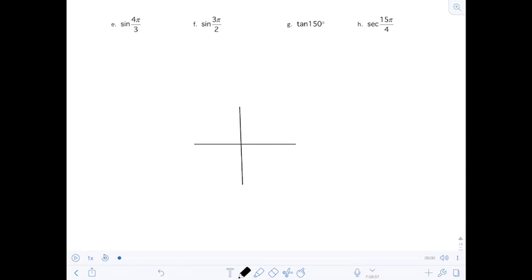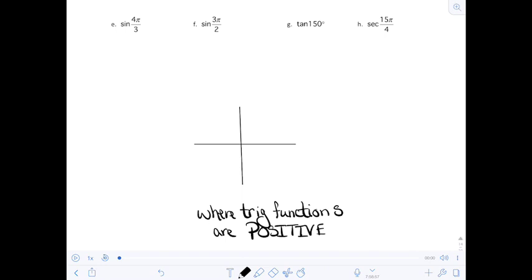So I'm going to teach you a little trick about remembering where trig functions are positive. Okay, so this little trick is just to tell us where trig functions are positive.